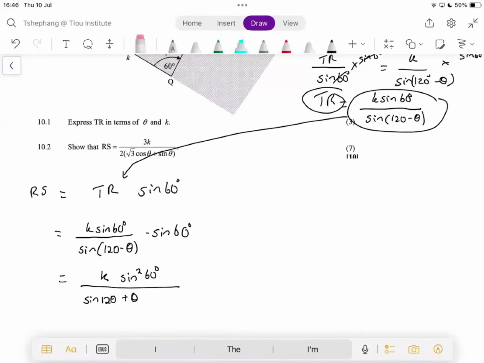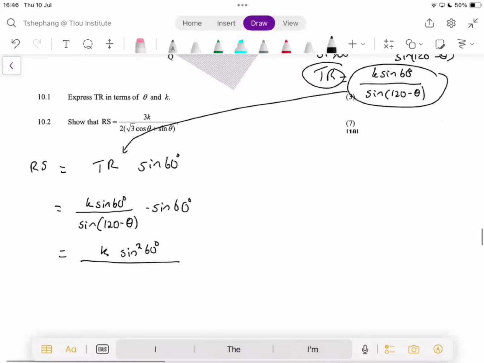But remember something. This is a compound angle. Can you see? This is a compound angle formula sheet. I know it's going to become sine of 120 multiplied by cos of theta minus cos of 120 multiplied by sine of theta.